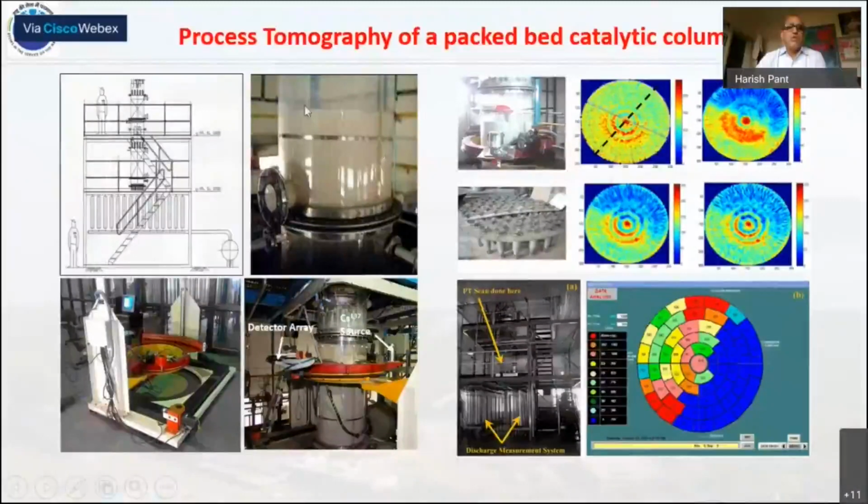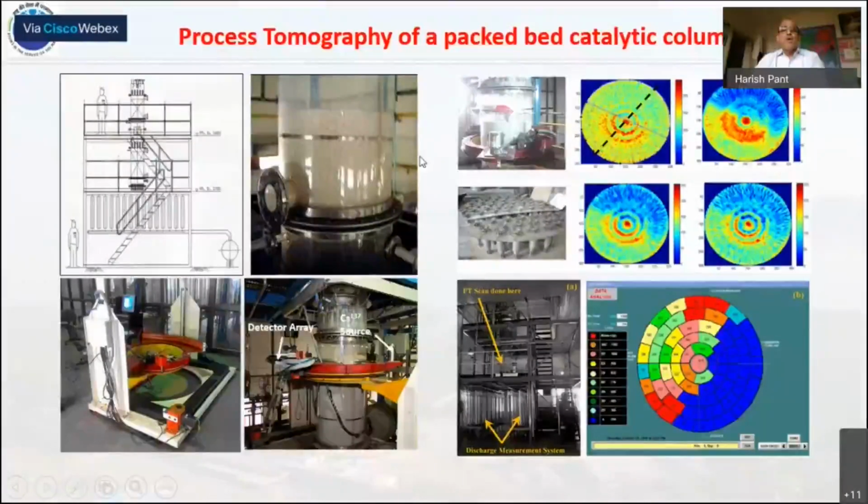This is of course not an industrial plant. It is a small setup in the laboratory, and in this you can see a distributor which is mounted on the top of this column, and the water is distributed.